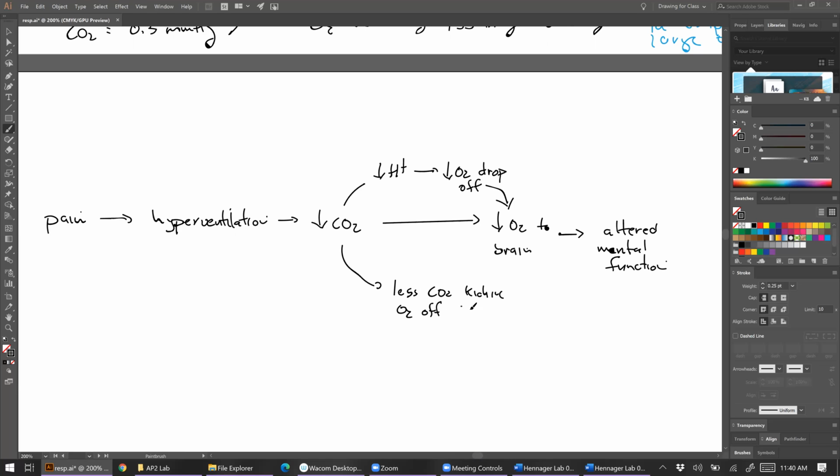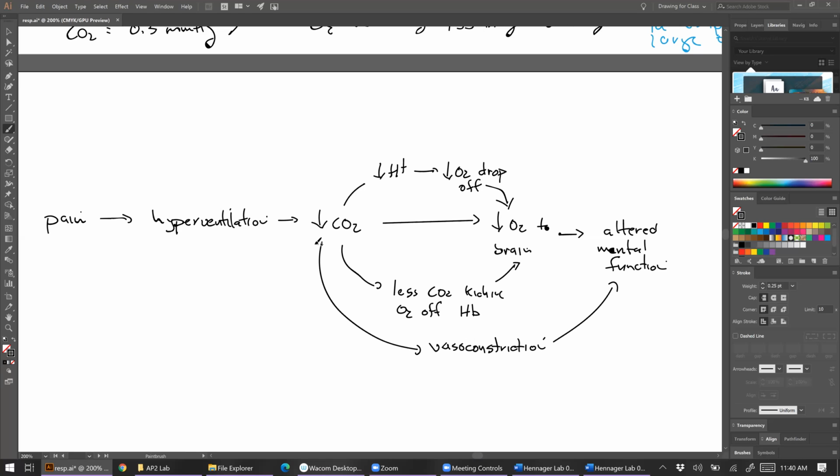So here again, we're doing that. Also, less CO2 causes vasoconstriction. We've talked about this in a lot of different ways. We talked about it in the gym, when you're working your biceps and you have low oxygen, then you'll increase flow. But if you have high oxygen and low CO2, then that'll lead to vasoconstriction.